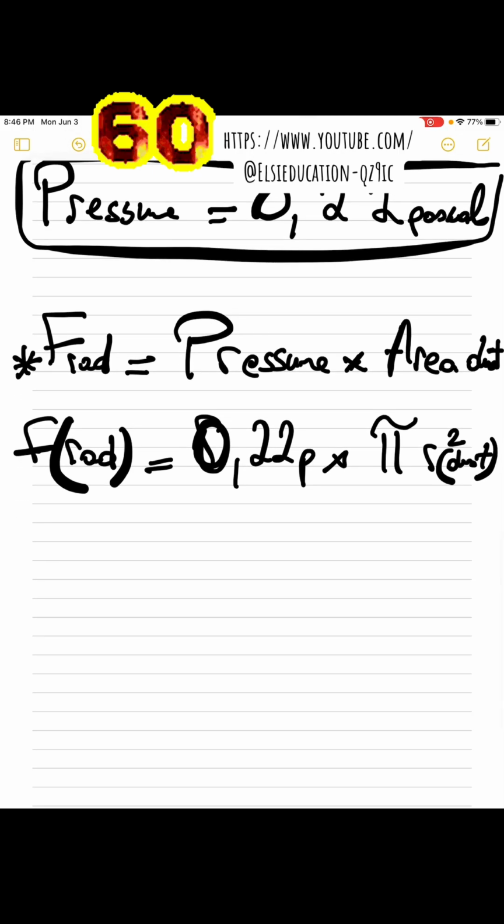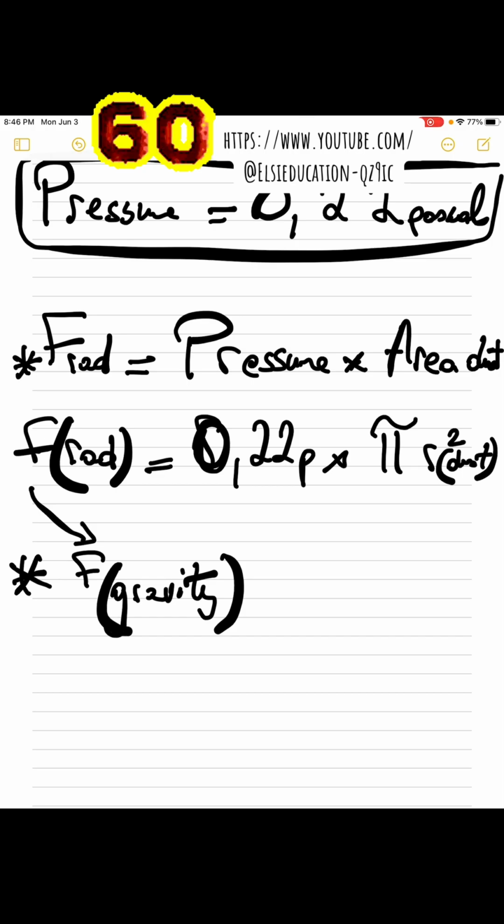So we're going to use the force of gravity here: the force of radiation will be equal to the force of gravity, to find the radius of the dust.